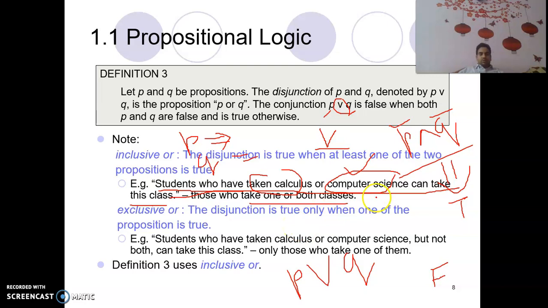So I have already told you the disjunction will always be true if any one of P or Q is true. It will be only false when both P and Q are false. So that was all about the disjunction, and we have seen with the help of the example how we can disjunct sentences and how the sentences will look in the English language.